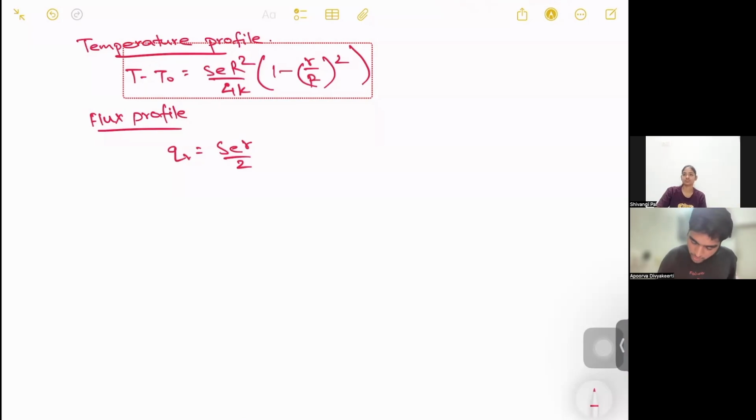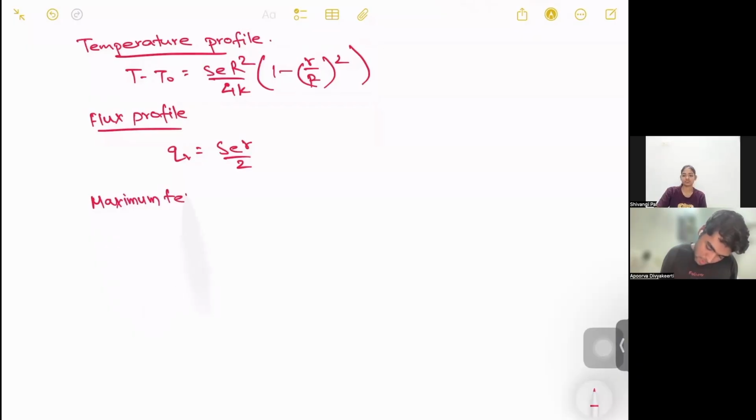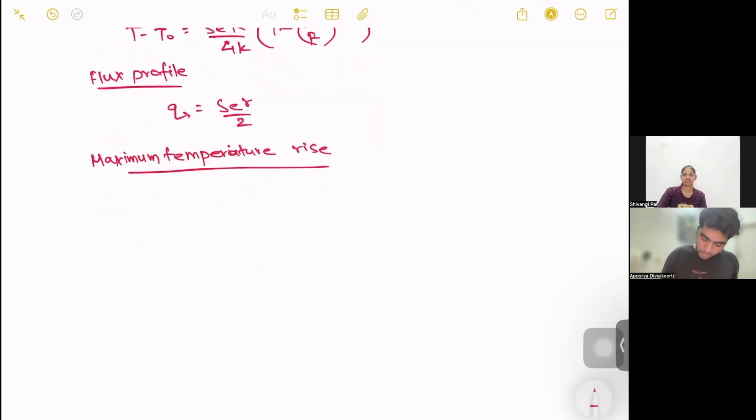Now we can calculate the maximum temperature rise from this. So how will we get this? For maximum temperature rise, we know that r is equal to 0. At r equal to 0, we get a maximum temperature rise.